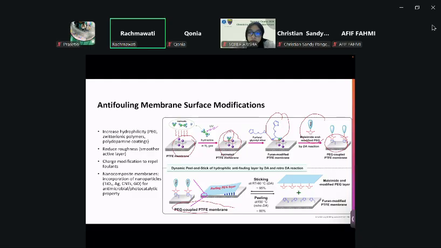But then you can also have a retro Diels-Alder reaction. So you return to your previous PTFE membrane, and the coating itself will be removed from the membrane. So it's one example of using a reverse Diels-Alder reaction to modify the surface of the membrane.